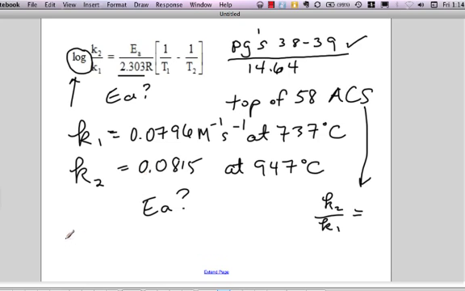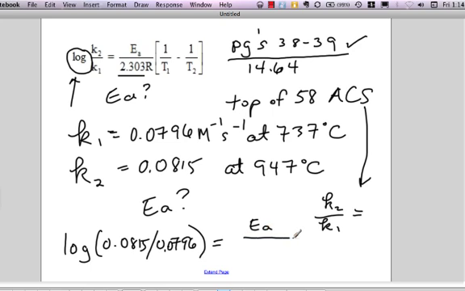So I am going to take the log of 0.0815 divided by 0.0796, and that is equal to EA over 2.303 times R. Now the R you're going to want to use is the 8.314 R because that's in joules. Joules per, I believe it's mole K. Okay? Joules per, let me just double check that.